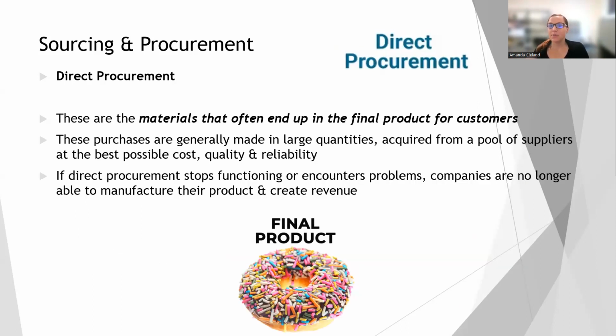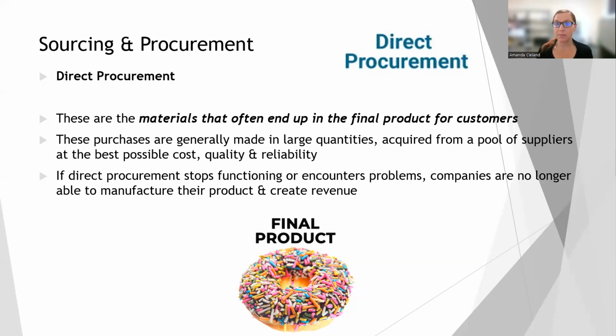And again, these are the materials that often end up in the final product for the customers, whatever that final product is. We've got a picture of a delicious chocolate donut with multicolored sprinkles on it. If we were doing direct procurement, that would be the yeast, the flour, the chocolate frosting, the sprinkles, all of those materials that would end up in this final product.